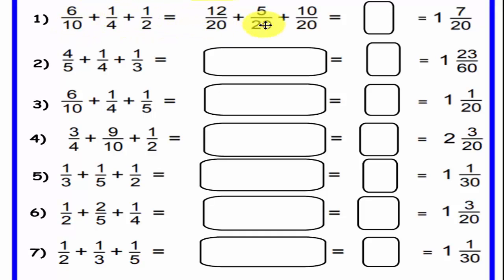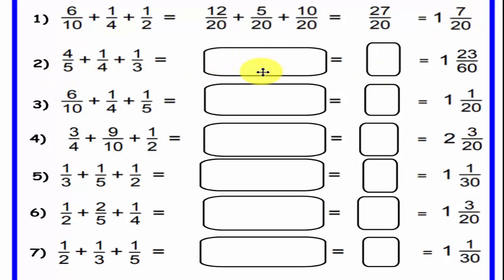So 2 times 6 is 12, and 4 goes into 20 5 times. 5 times 1 is 5, and 2 goes into 20 10 times. So 10 times 1 is 10. And then you're going to add all these up, and we have a number of 27 over 20. 20 goes into 27 one time with 7 left over.